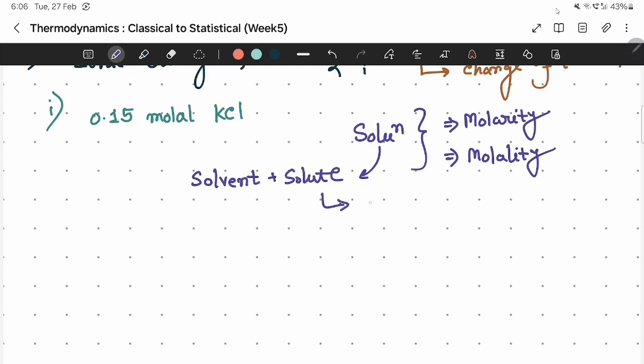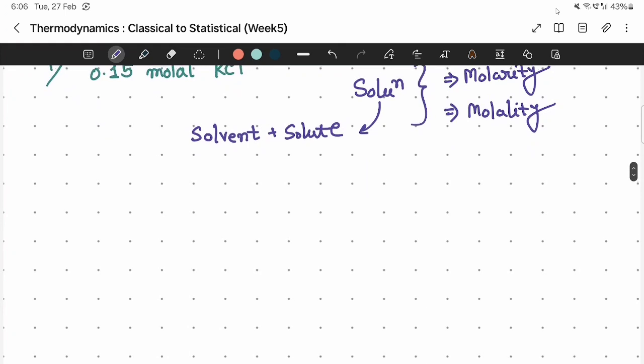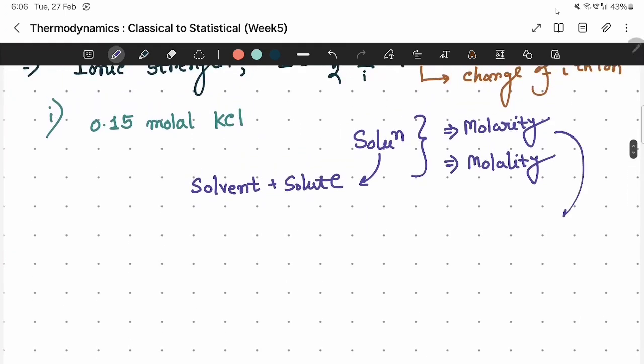Solute is the smaller quantity and solvent is the larger quantity, so that's how we identify them. Using molarity, molality or normality, we can identify how much solute is dissolved in the solvent.